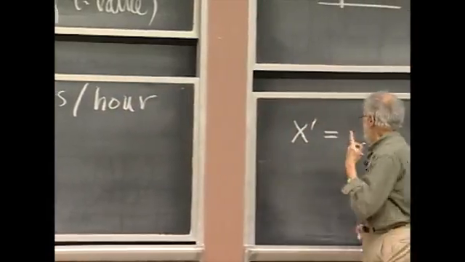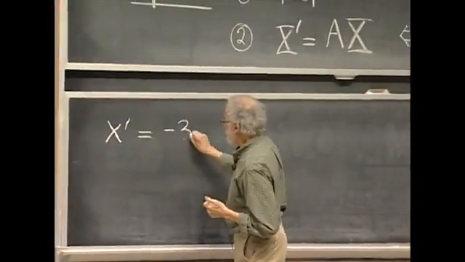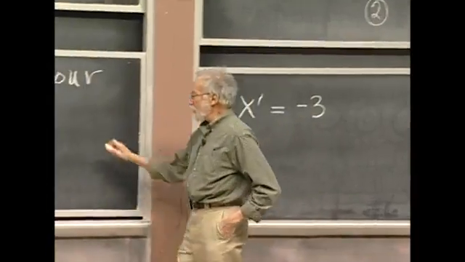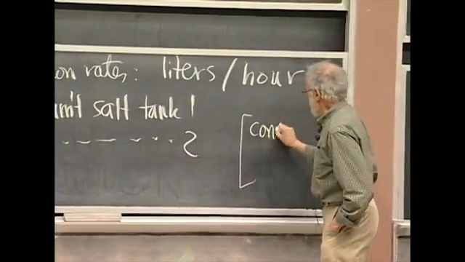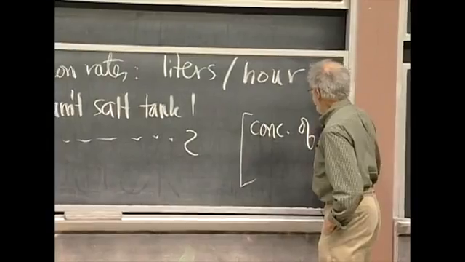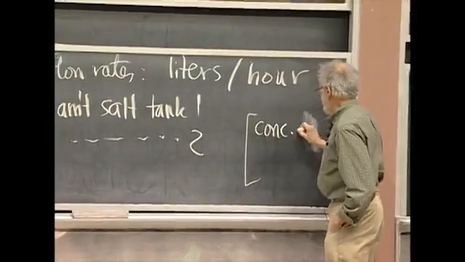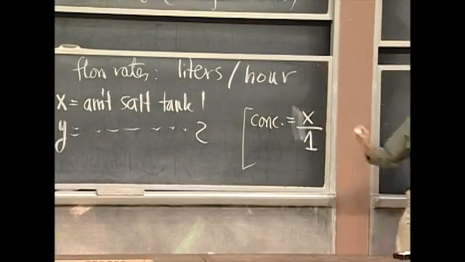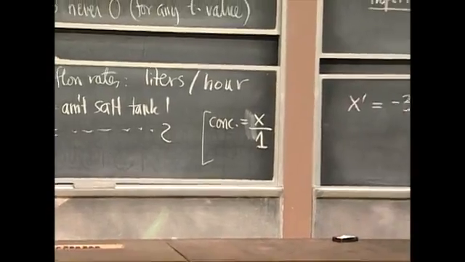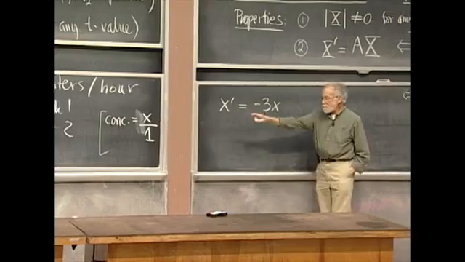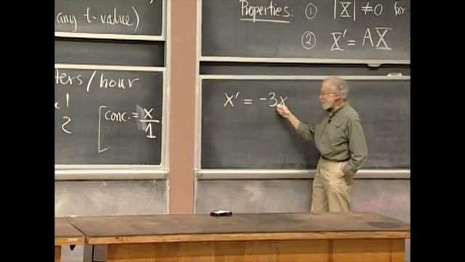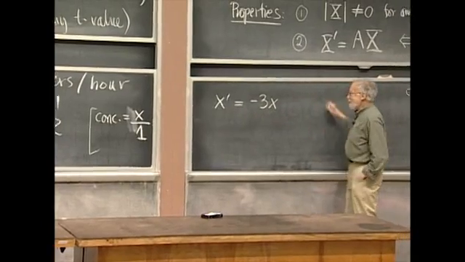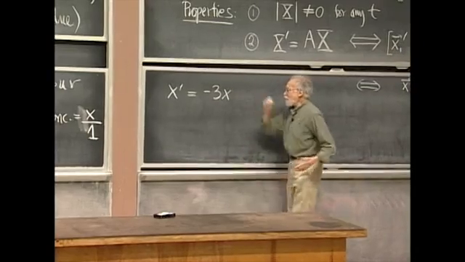Well, it's minus 3 times the concentration of salt. But the concentration of X equals X divided by 1. In other words, X represents both the concentration and the amount. So I don't have to distinguish. If I had made it 2-liter tanks, then I would have had to divide this by 2. So I'm cheating, but it's enough already. Okay. X prime equals minus 3x.